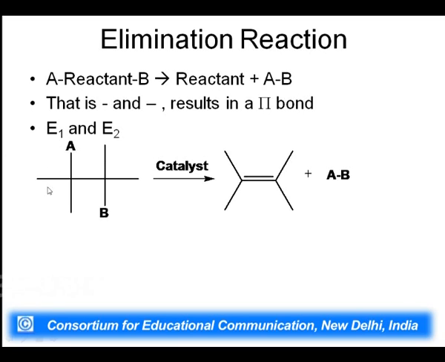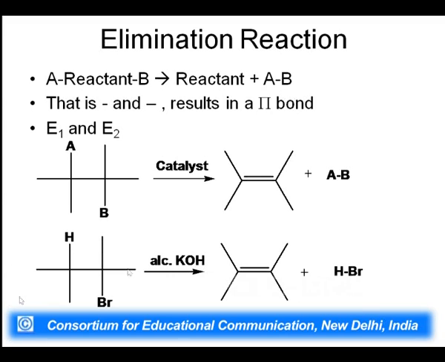What we are doing, we are taking a system like this which may be an alkyl halide, and H and Br are not visible on the screen. You may understand the Br is present here, and with alcoholic KOH, we are removing H plus and Br minus to get the alkene, and HBr is going away.